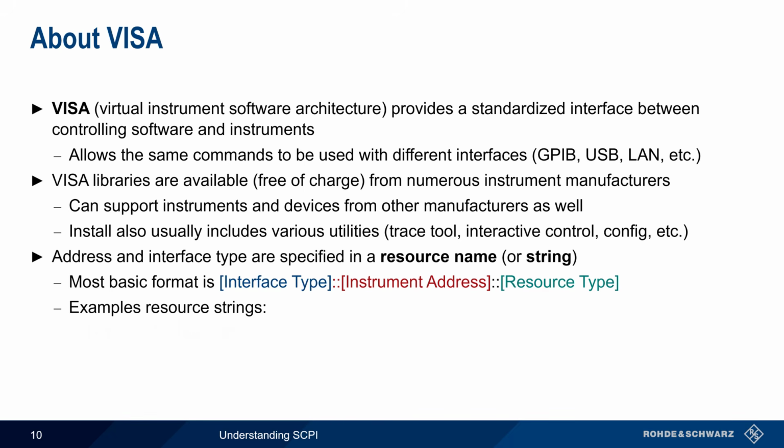For example, a LAN-connected instrument might have the resource string TCP/IP, IP address, instrument, whereas a GPIB-connected instrument would have a resource string that started with GPIB, followed by the GPIB address. We'll look at this again in just a few moments.